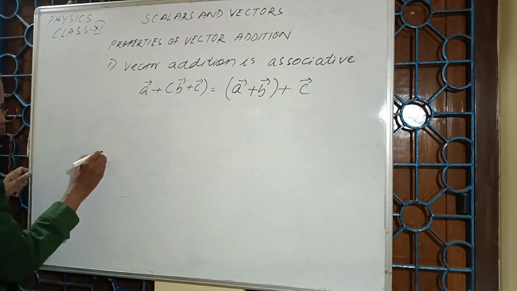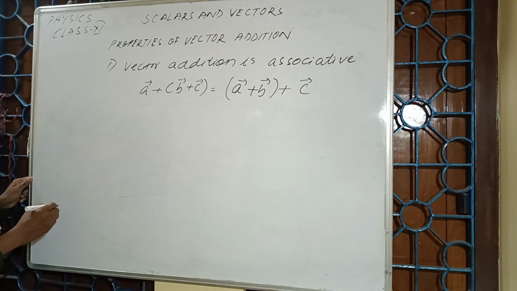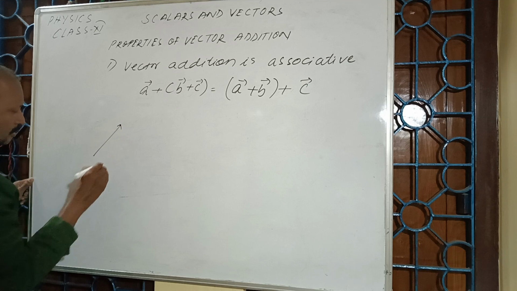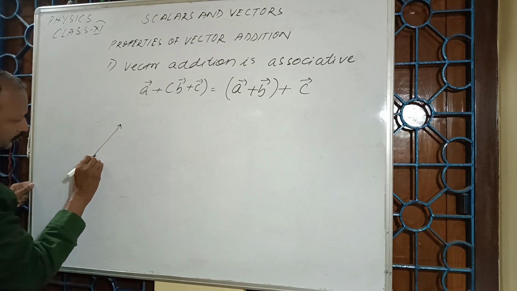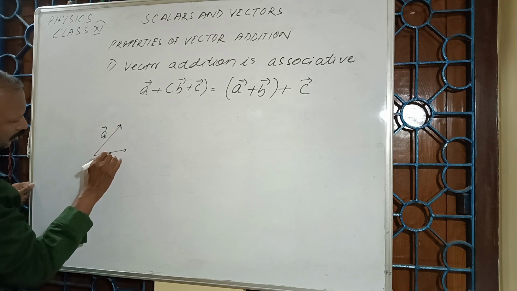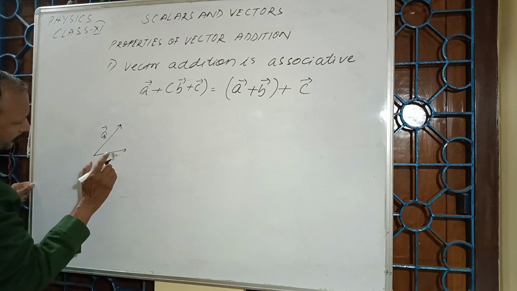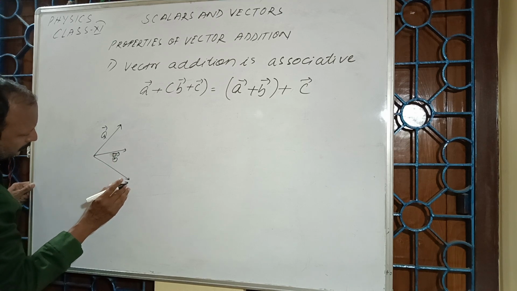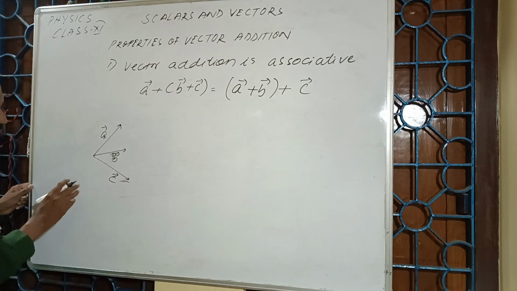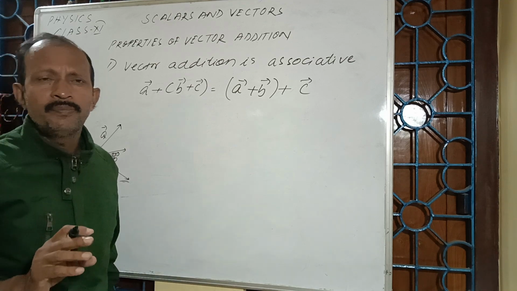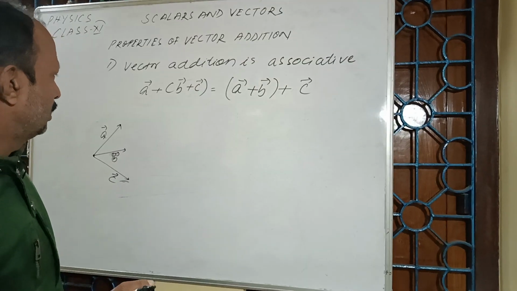This is the point where, at this point, suppose three forces are acting. This is the vector A, this is the vector B, this is the vector C. That means force is acting at this point in three different directions.